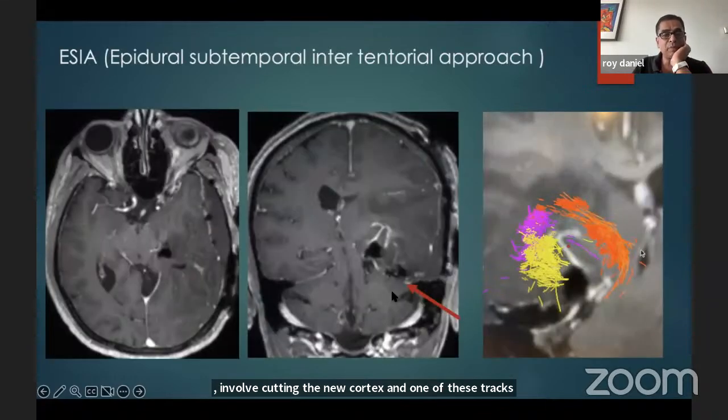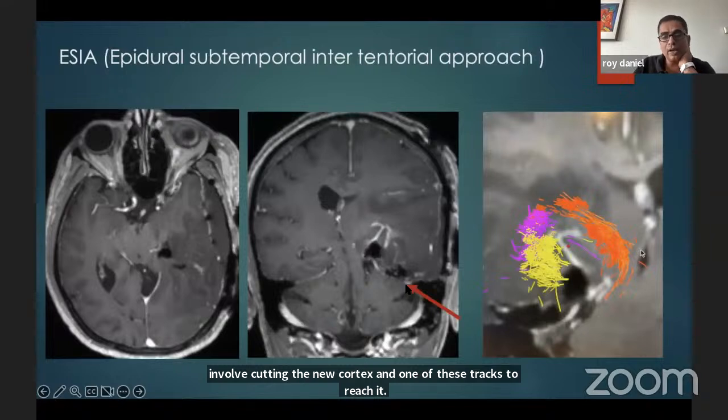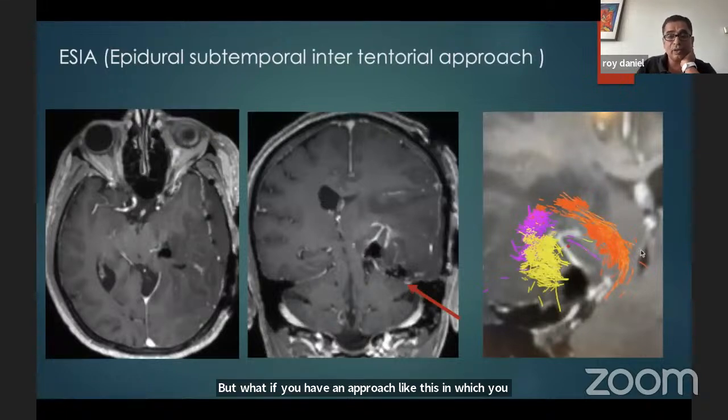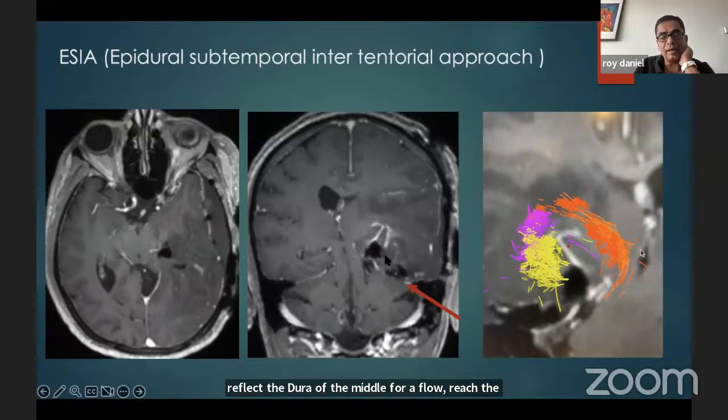But what if you have an approach like this in which you don't necessarily even do a petrosectomy, just reflect the dura of the middle fossa floor, reach the superior petrosal sinus, open up the tentorium, you can go in and remove this parahippocampal tumor, while keeping all the tracts intact.